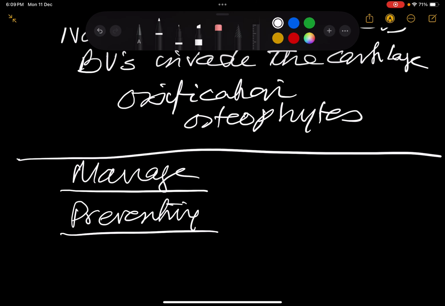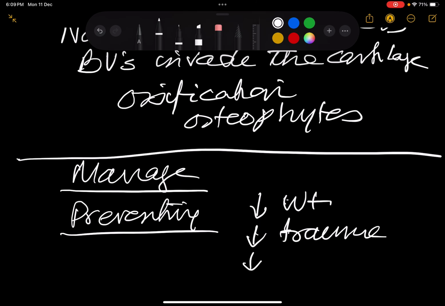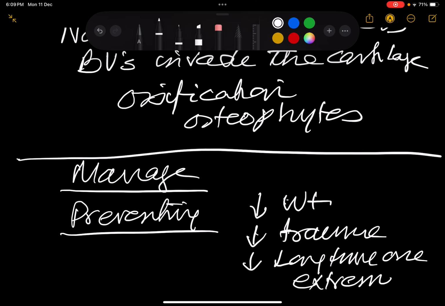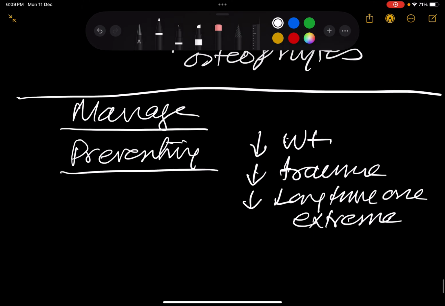And this prevention is decrease weight, decrease trauma, decrease long time in one extreme position, like a policeman standing for a long time. Prevent abnormal forces.